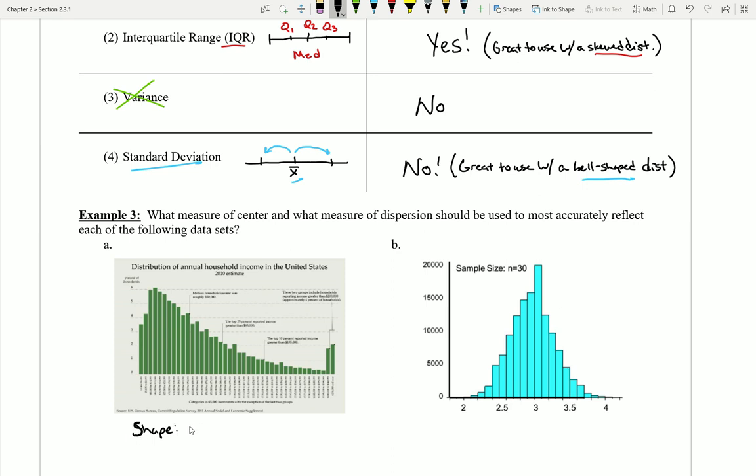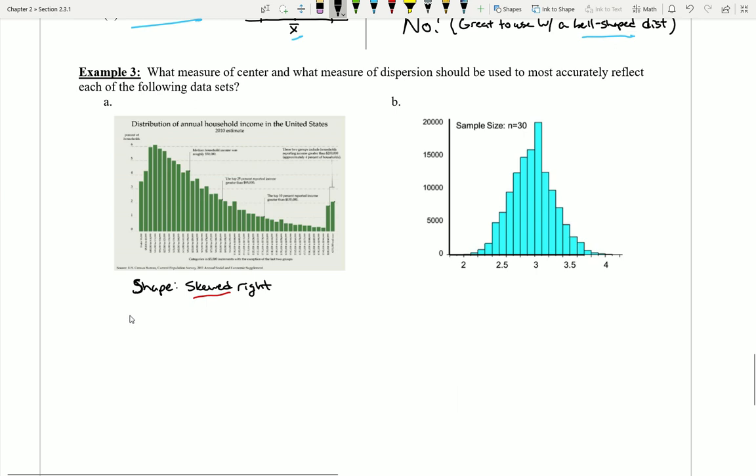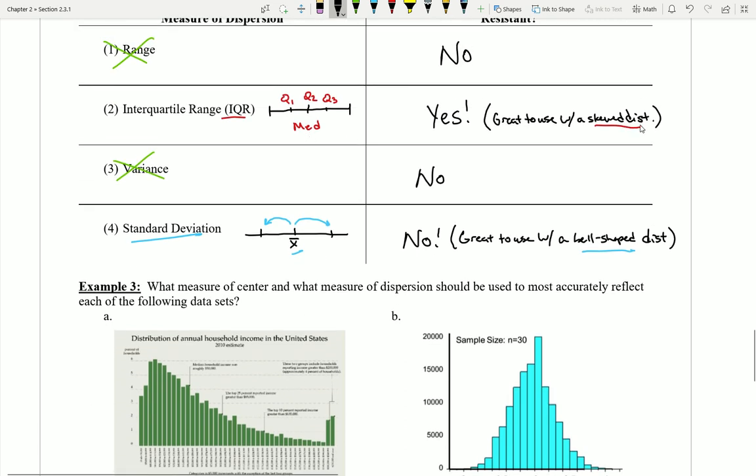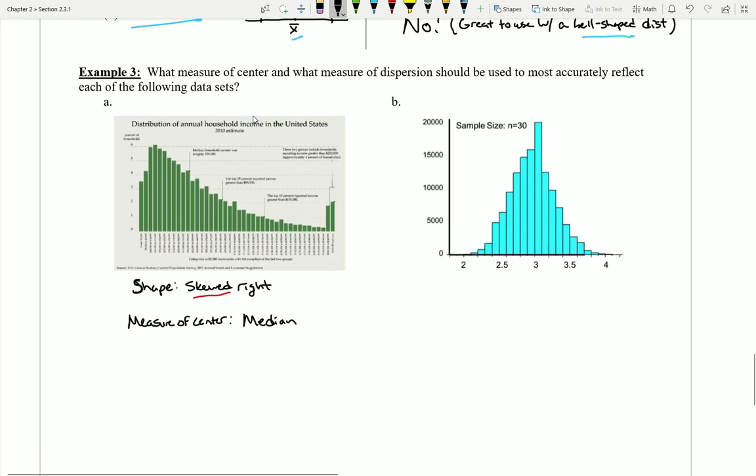Notice that this shape is very easily seen as skewed to the right. If I have a skewed distribution, I can easily see that for my measure of center, I should go ahead and use the median, because that always went with skewed distributions. What measure of dispersion should I use? IQR, all the time with no exceptions, because again, I have a skewed distribution.